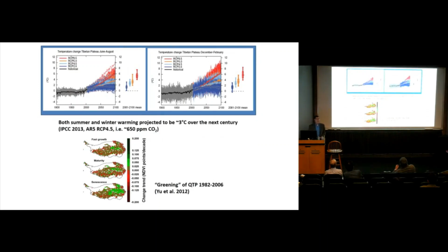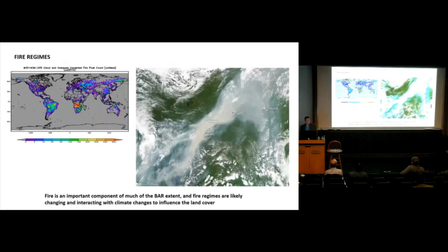And it's warming, okay? Both summer and winter warming in the Tibetan Plateau is projected to be 3 degrees Celsius over the next century. The vegetation is increasing, it's greening. The vegetation is becoming more robust with warmer temperatures, but a big question is what's going to happen to the permafrost in the Tibetan Plateau.